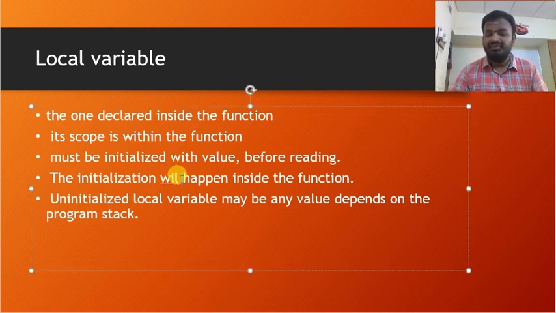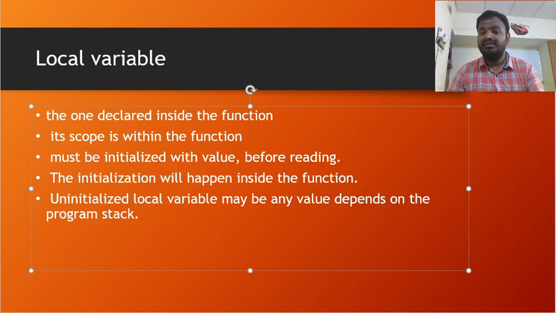Earlier we saw that a global variable is initialized before coming to main: if you do not give any value, it is initialized with 0. A local variable does not have any such default. You must initialize it with a value before accessing or using it. That initialization happens inside the function only, and it will not be accessible outside of the function.